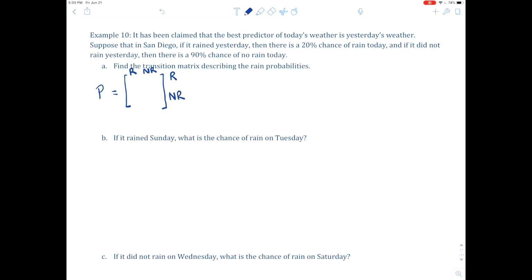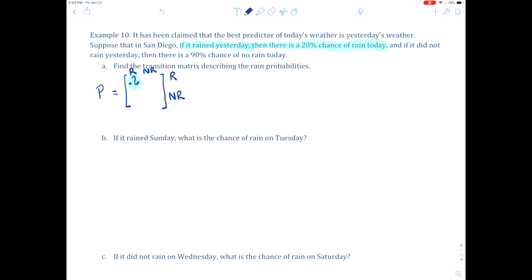All right, so let's see what all we were given. So, if it rained yesterday, so it was in the rain state yesterday, then there's a 20% chance of rain today. So we were given rain, rain in the intersection, right? So if we have rain, rain in the intersection, it's going to be over here, right?